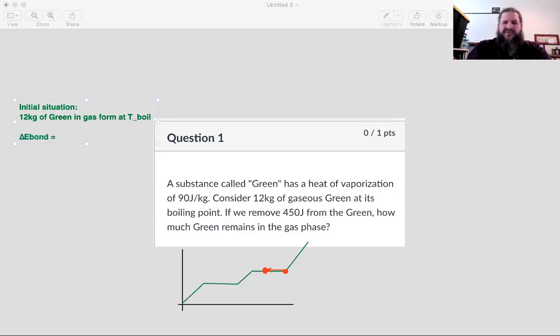And what's causing that change in bond energy? Would you say there's heat occurring, or is there work occurring, or is this a closed system, or what?